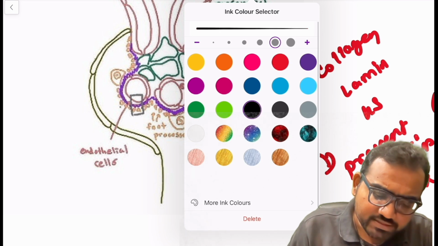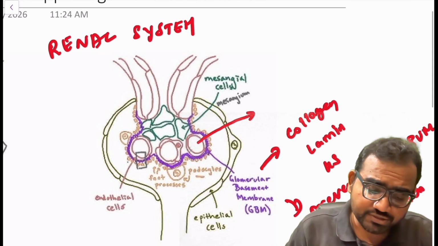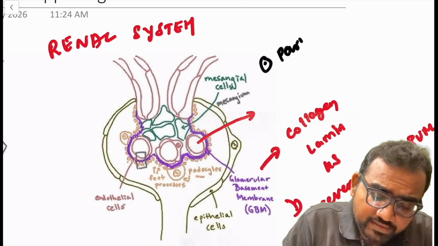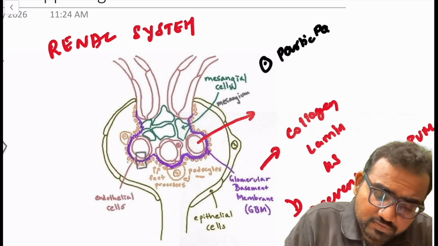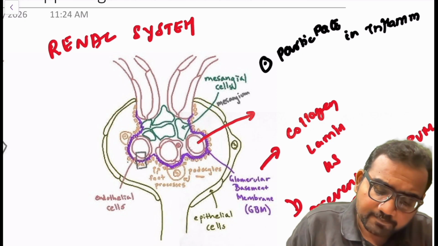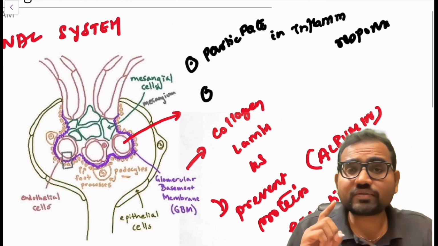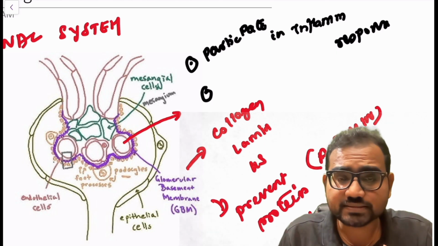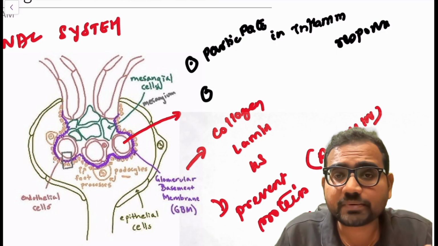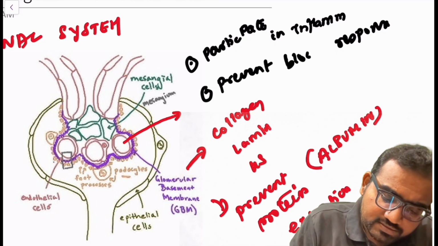Endothelial cells are very important because they predominantly function to participate in inflammatory responses. Another very important feature of endothelial cells is that they prevent the excretion of RBCs, WBCs and platelets, that is, they prevent excretion of blood cells.